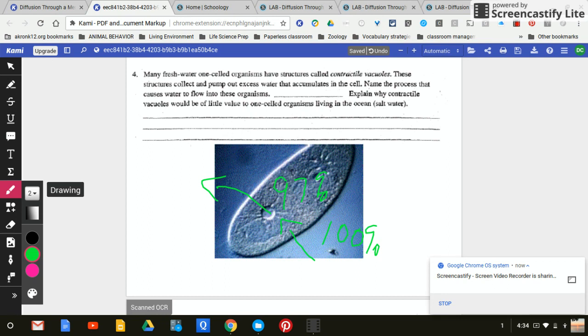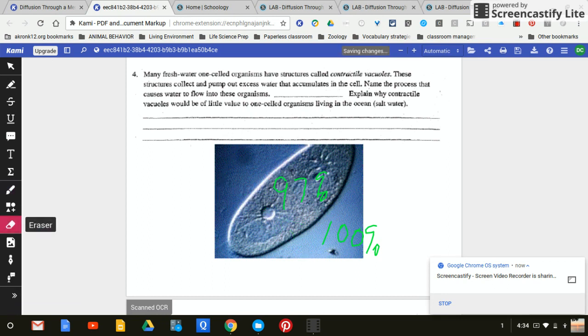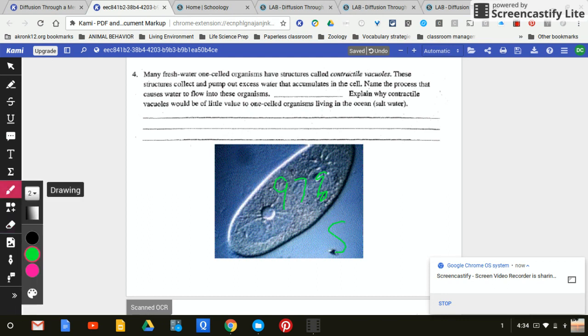All right. The question is now asking, though, what happens if you stick these guys in salt water? So let's say you put them in 80% salt water, or just that's how much water there is. Now, which way is water going to flow? Well, it's going to be going in this direction from high concentration to low concentration.